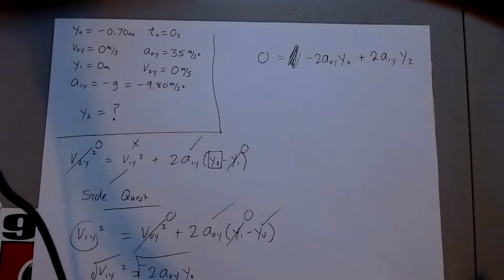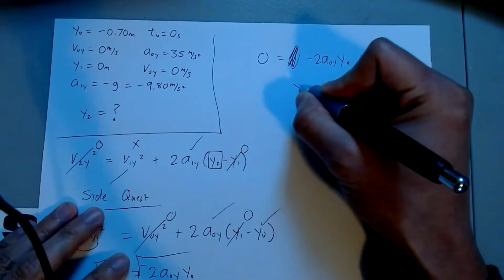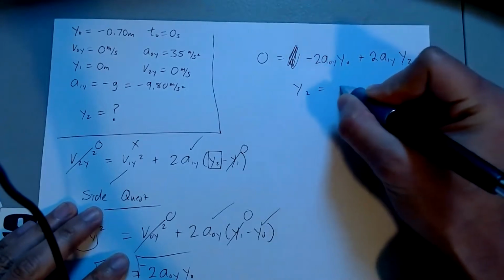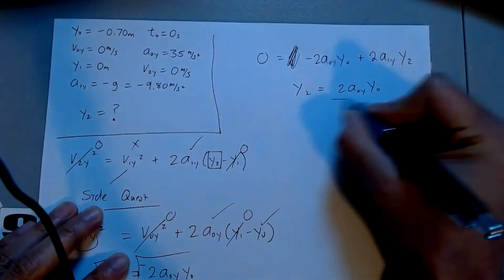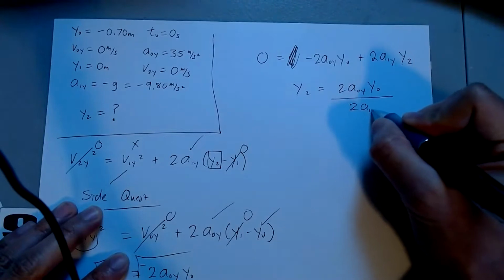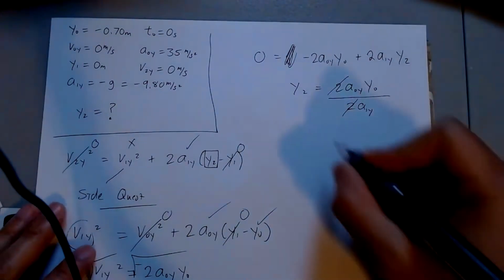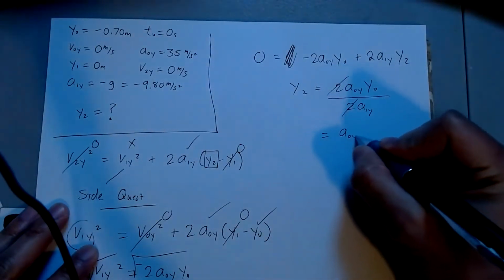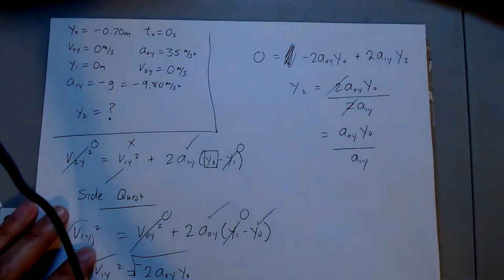Now we're going to solve for y2. Doing a little algebra, y2 is going to equal 2a naught y naught divided by 2a1y. The 2's cancel out, leaving a naught y naught divided by a1y.